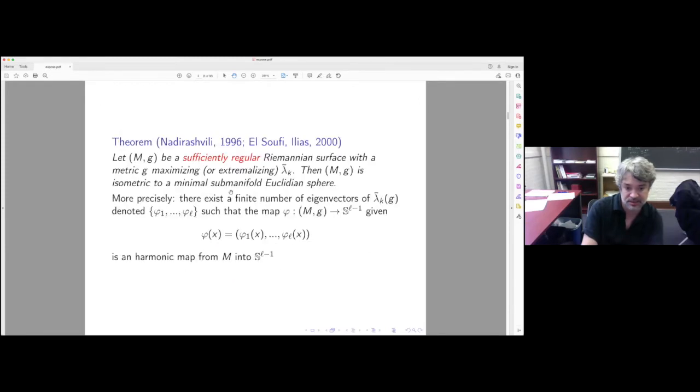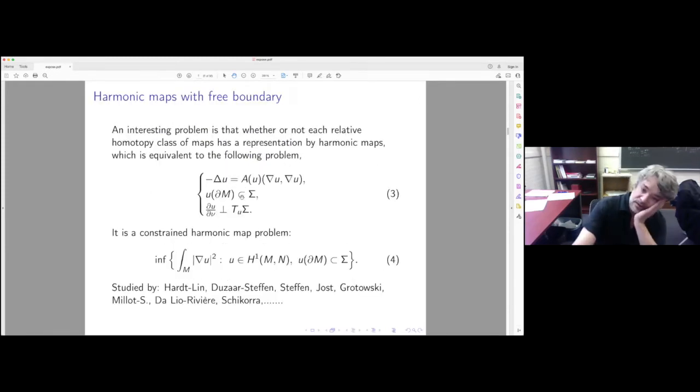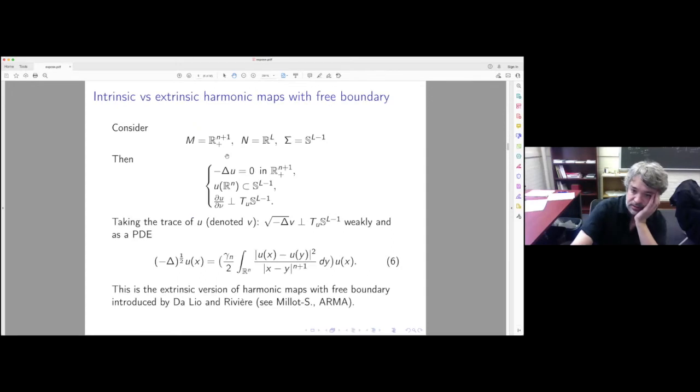This is exactly this equation when M is a half space, sigma is a sphere, and N is just the Euclidean R^L. So you have a harmonic function in the half space. If you take the trace of u, which I will call v, this is the trace of a harmonic function on the half space.